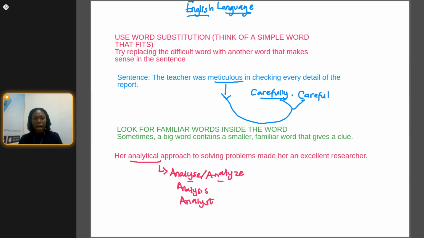So it means that the antonym for this word will include something like careless, because for someone to be analytical, it means the person is careful in details like researching or examining something. So if you see the words careless, irrational, illogical, you already know that these words are the antonyms for the word analytical.